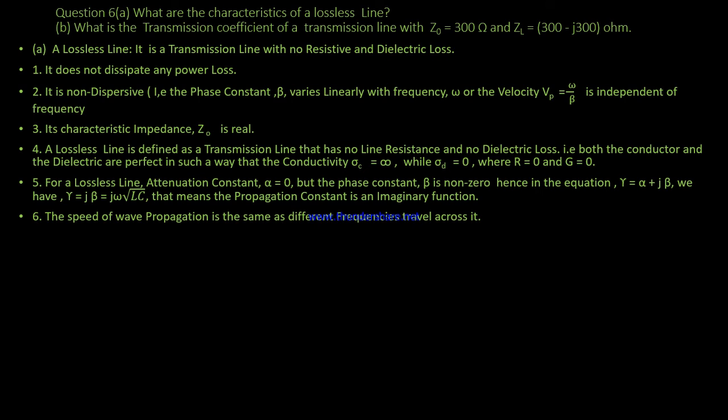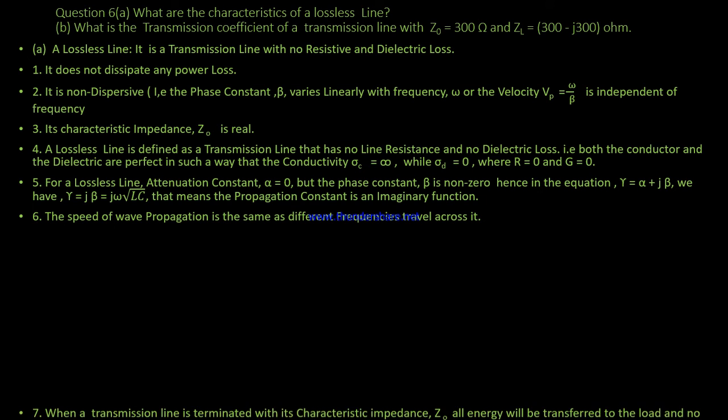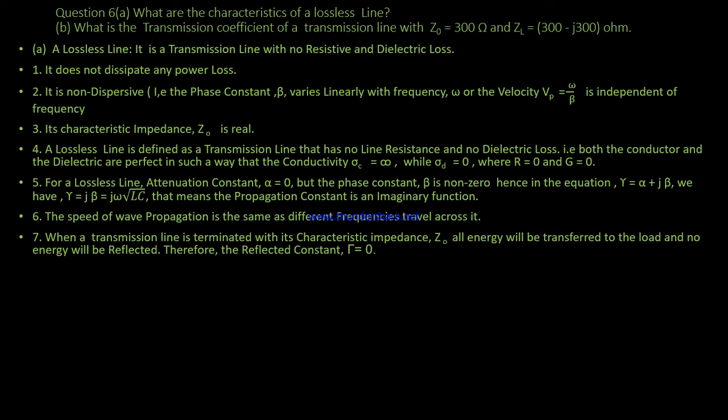Number 6, the speed of wave propagation is the same as different frequencies travel across it. Number 7, when a transmission line is terminated with its characteristic impedance, Z0, all energy will be transferred to the load and no energy will be reflected.